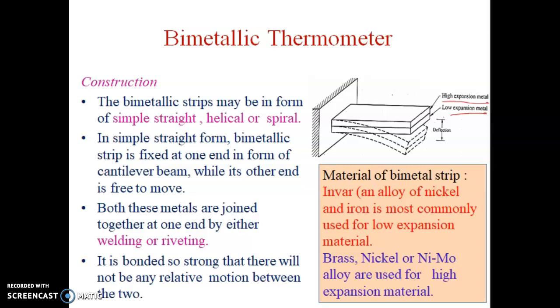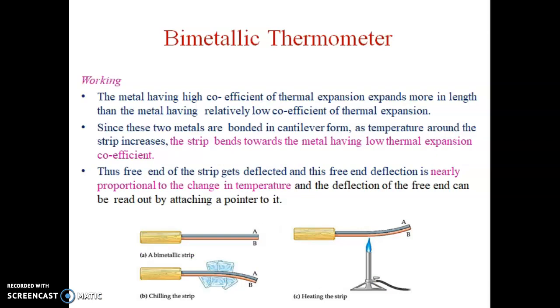whereas brass, nickel, or nickel molybdenum alloys are used as a high expansion material. And for explaining the working, let's consider this example, a bimetallic strip with the metal A and B, where B is having more coefficient of expansion than A. When this one is subjected to an elevation in temperature, B will expand more compared to A. So the free end of this bimetallic strip will have a deflection in anti-clockwise direction.